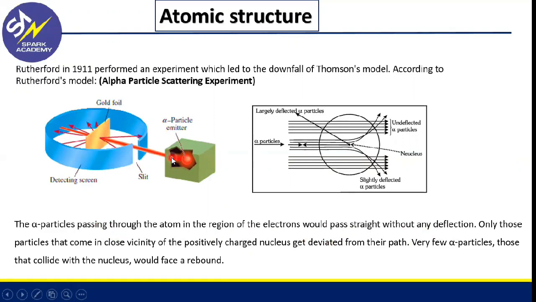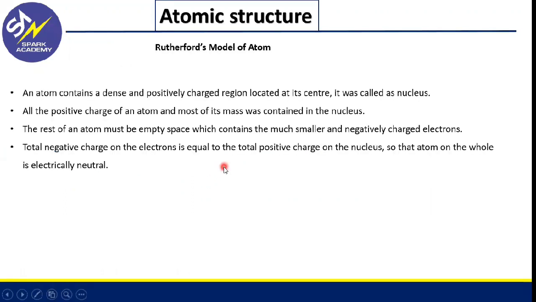Alpha particles are positively charged, isn't it? So a positively charged nucleus might be present at the center, deflecting the alpha particles back. That was Rutherford's model.